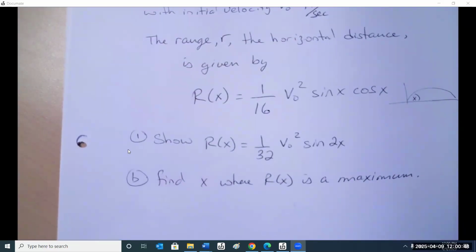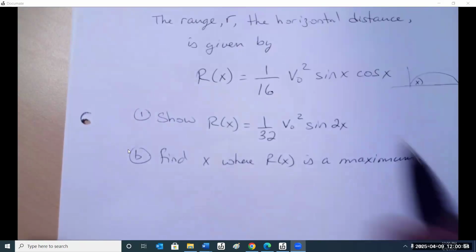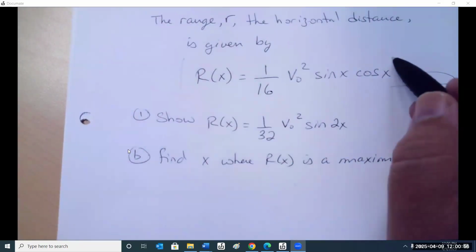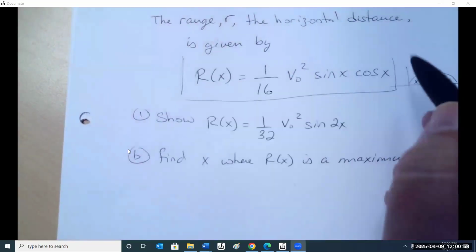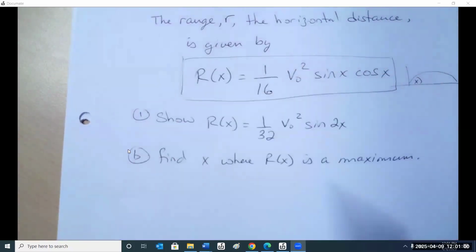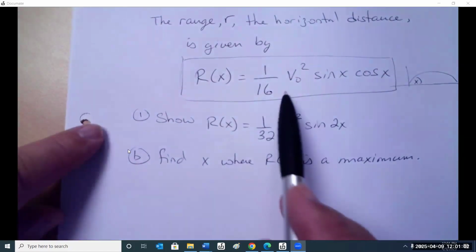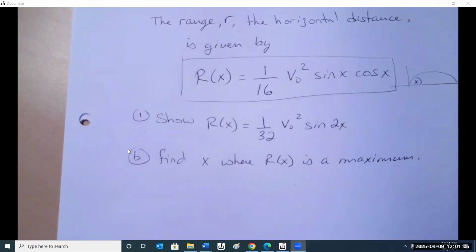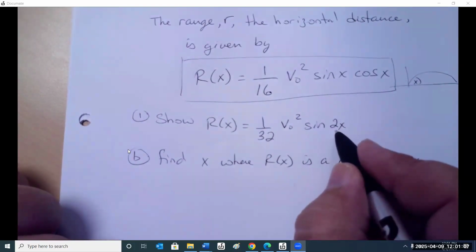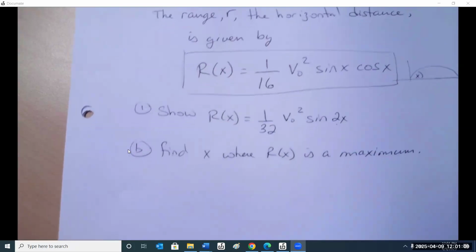So what's our first step? What are we looking for in the first step? We have this formula here. Notice this is a doubling. So how do we convert it?